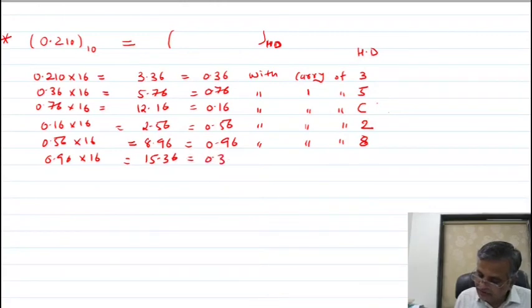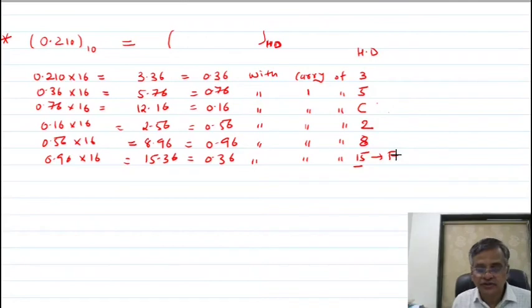So 0.36 with a carry of 15. But I cannot write 15 in hexadecimal. 15 is represented by F. So this I should write F, remember. So here this is replaced by F.